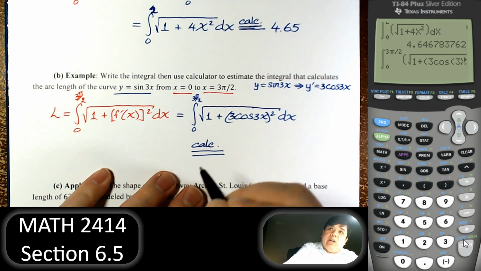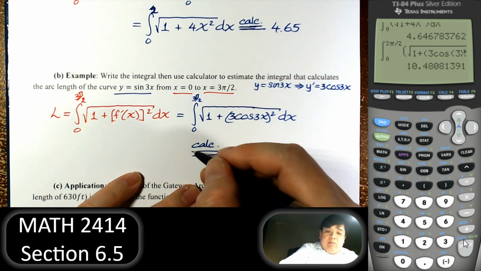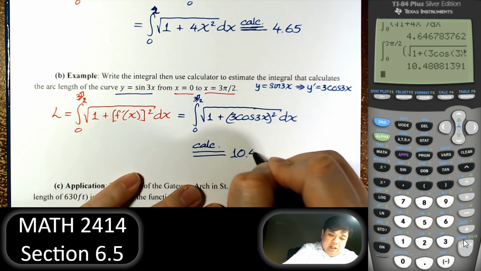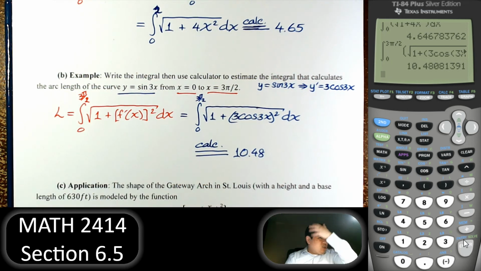If we use a calculator, we will have about 10.48. Like I said, just do the approximation here.